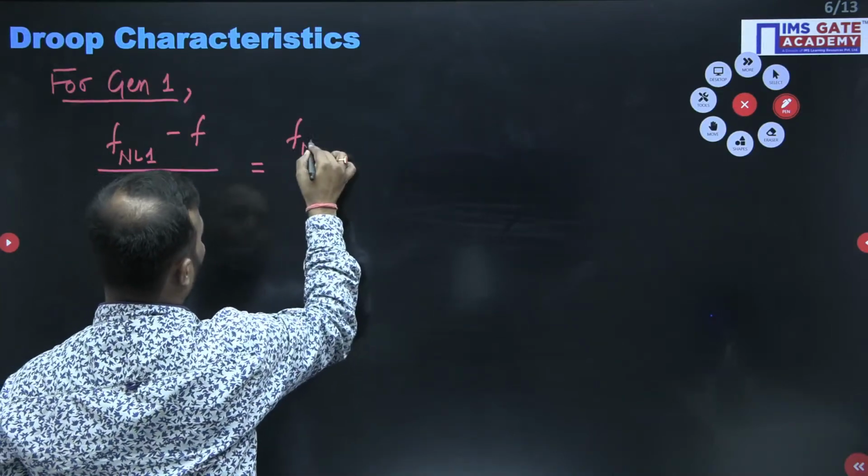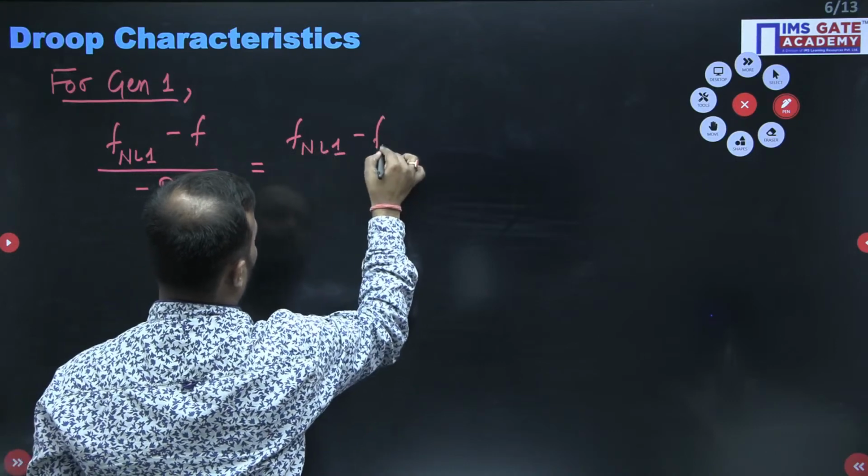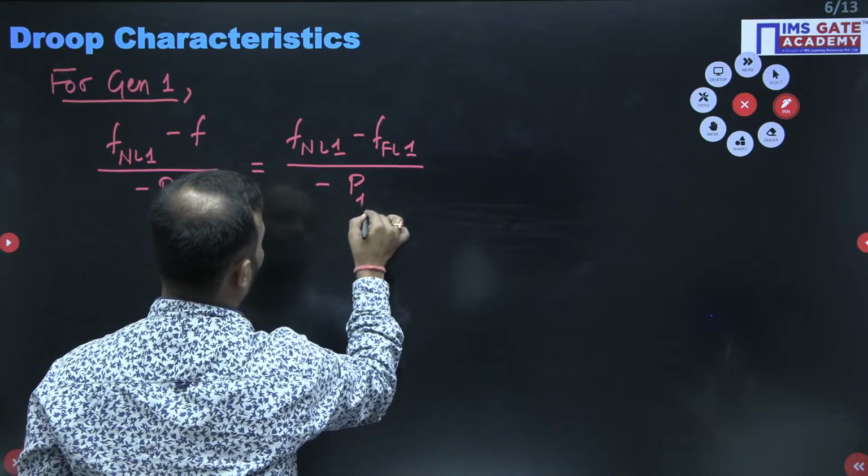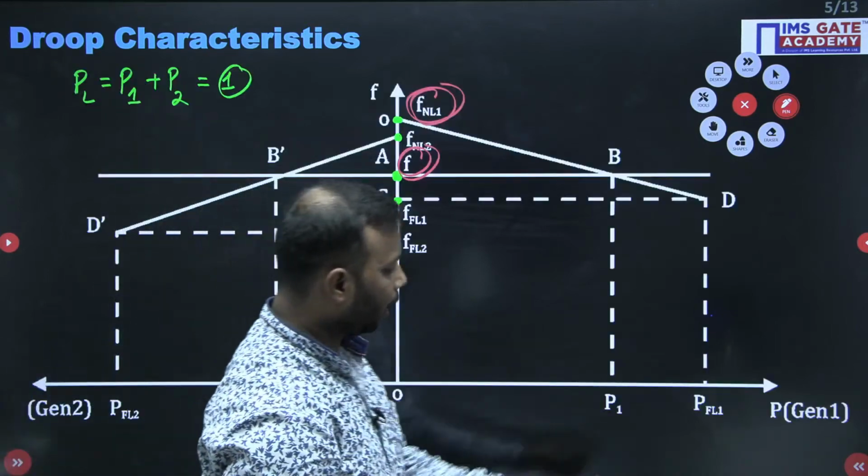F no load 1 minus F full load 1 divided by minus P rated, that is PFL1. समझ में आया मैंने क्या लिखा?